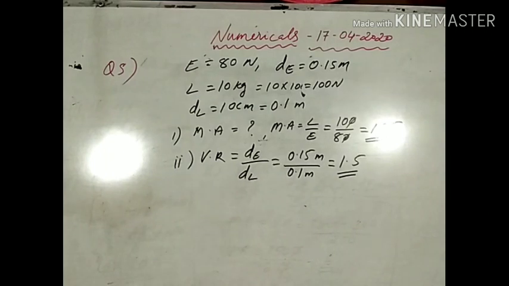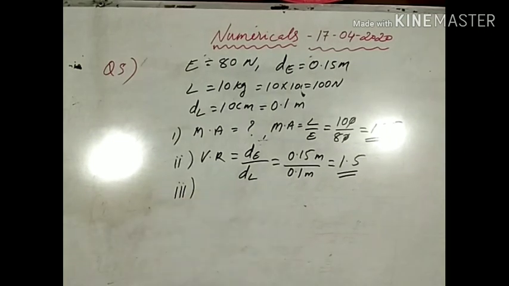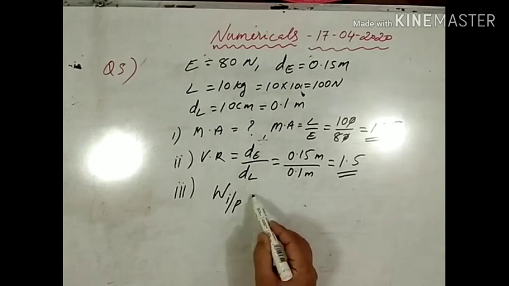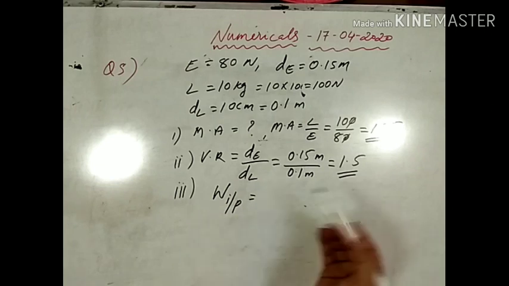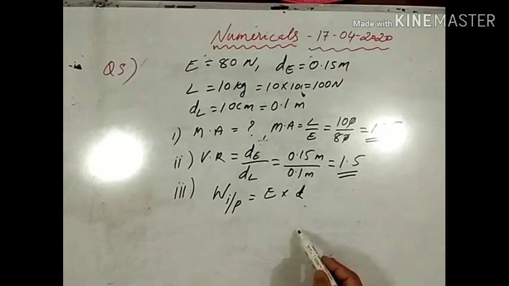Next, the third part. What is the third part? Work input. So your work input, we know that it is the work done by the effort. Work input is force into displacement, effort into displacement of effort, E into dE, we know the formula.